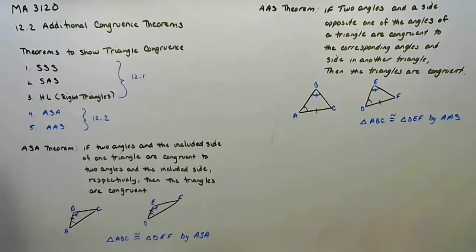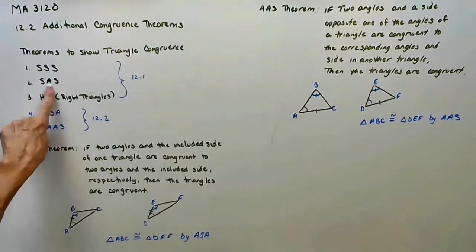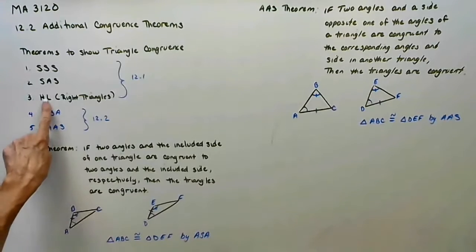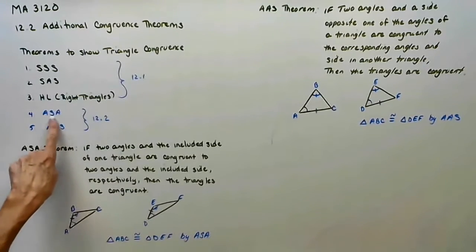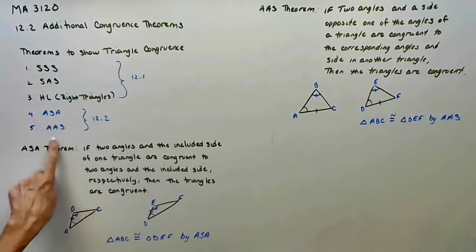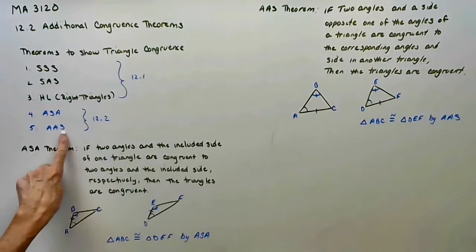All right. So now that we have them all listed: side, side, side; a side and two angles with the angles between them; hypotenuse leg; angle, angle, side with the side between the angles; angle, angle, side where the side is not between the two angles.